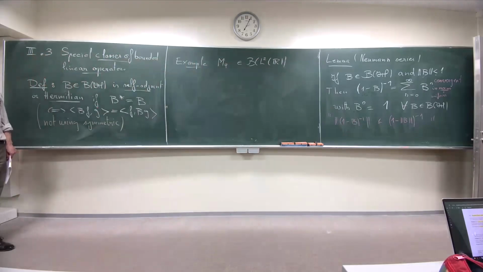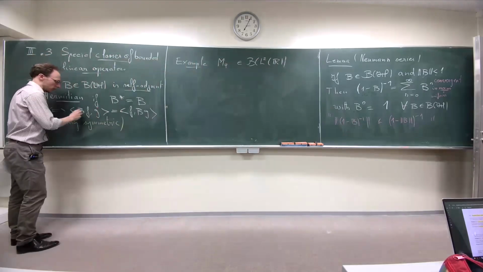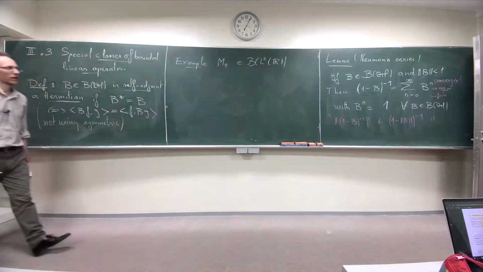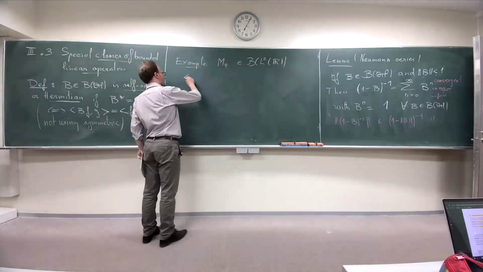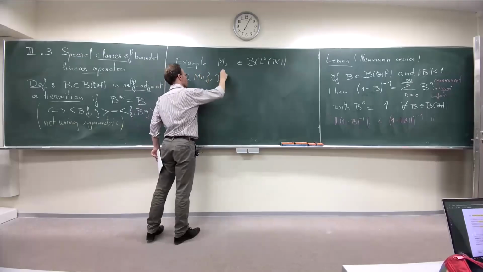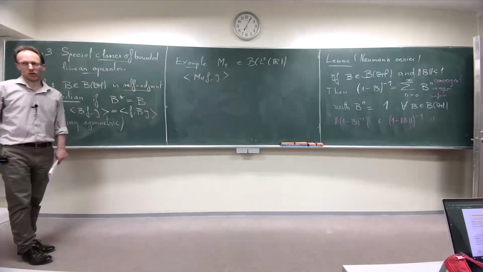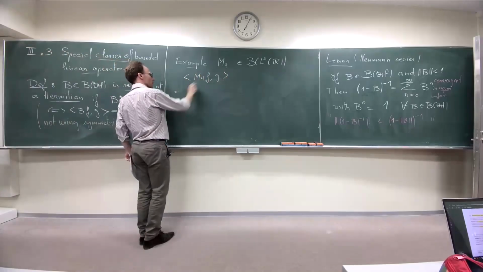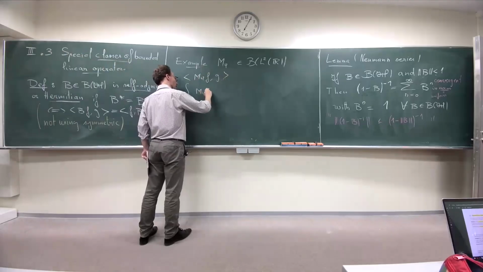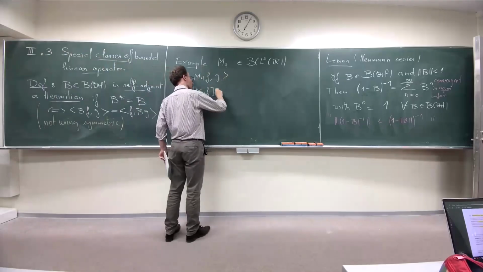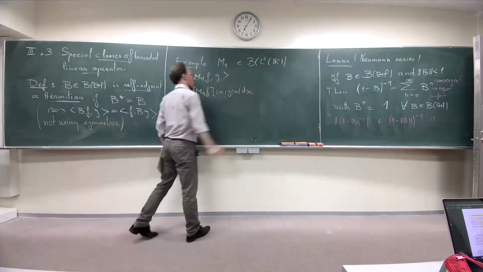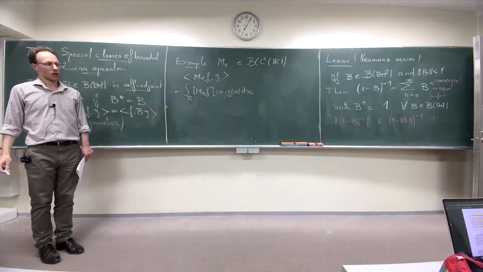So it means when I have such an equality for M. So let's check. M phi on F, G. What is this? Remember, in L2 of R, this is an integral over R of M phi F evaluated at x, times G of x, dx, but there is a complex conjugation on one term.